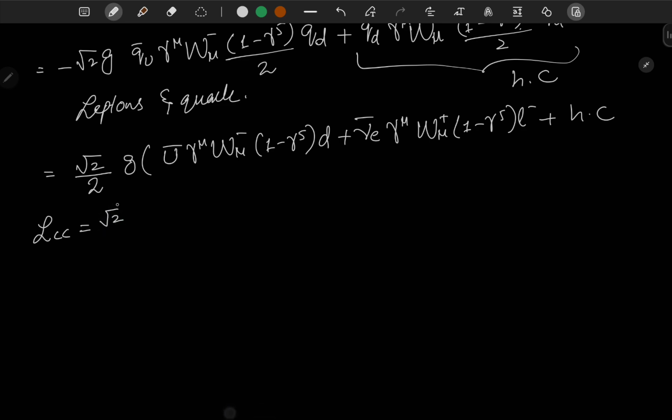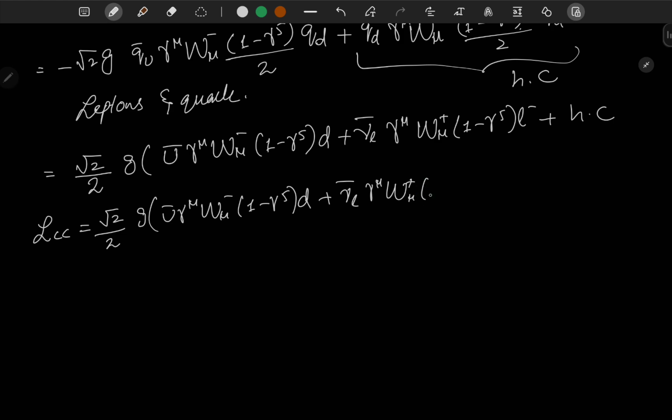So it will be square root of 2 divided by 2 g into u bar gamma mu W mu minus, 1 minus gamma 5, d, plus, okay, here it is, I corrected this one, W plus mu, 1 minus gamma 5, plus Hermitian conjugate. So here we have the charged current term of our Lagrangian.